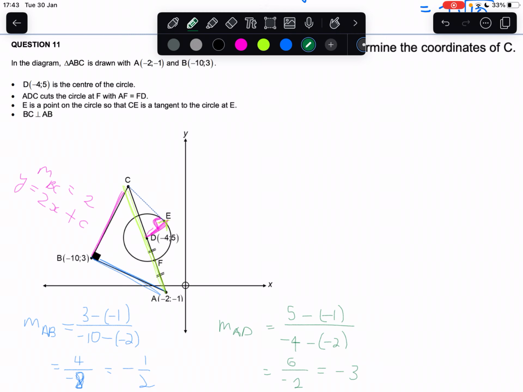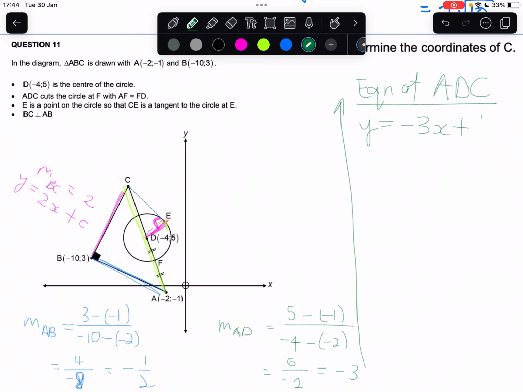In fact, we can determine the equation of the line ADC. Let's take it to the top. The equation of line ADC is going to be y equals negative 3x plus some constant.